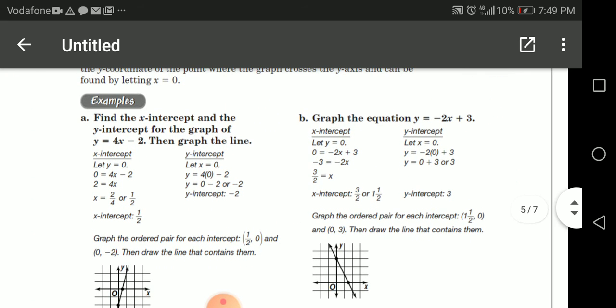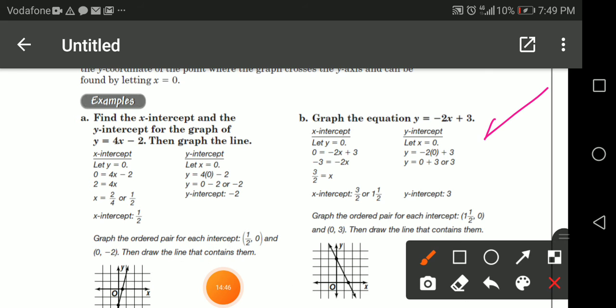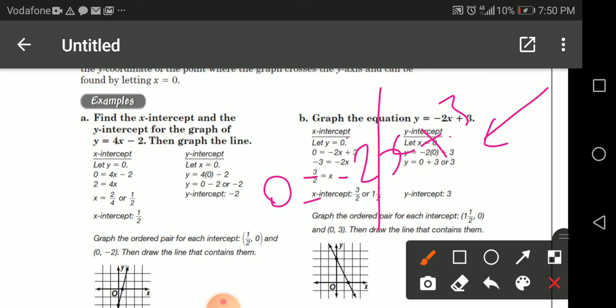I have here another one. Graph the equation y equal negative 2x plus 3. So as we said, we have two things that we're going to do: x-intercept and y-intercept. When I say x-intercept, let y equal 0. So 0 equal negative 2x plus 3. Okay, guys, so positive 3 will go to the other side by a negative sign.